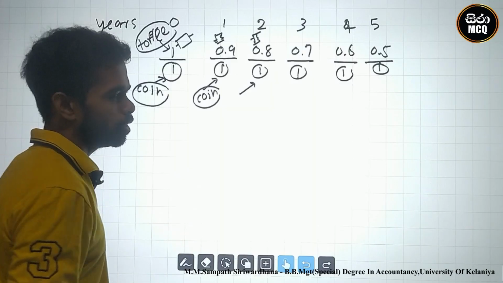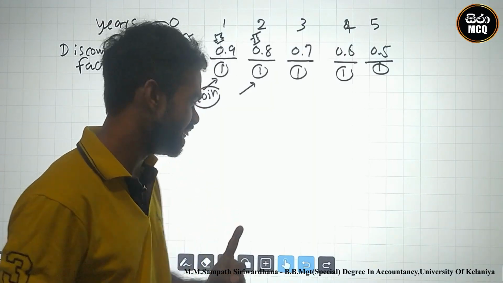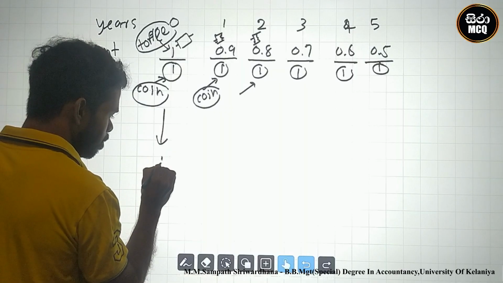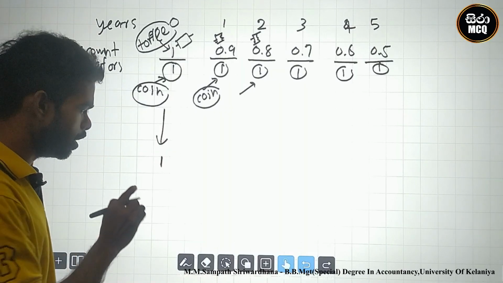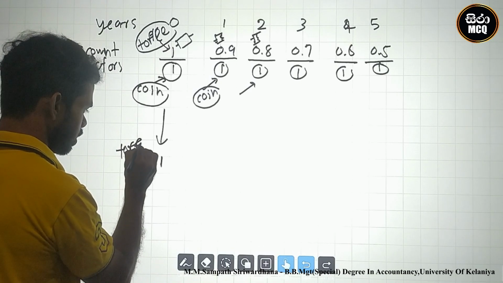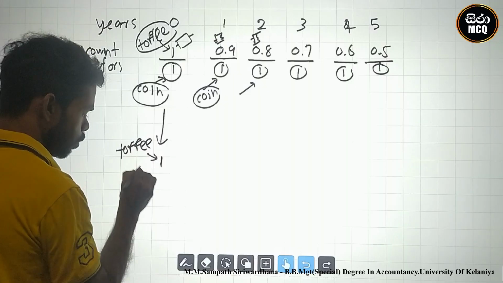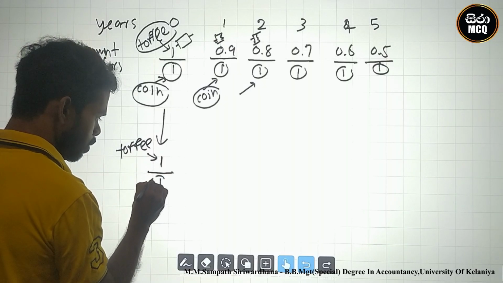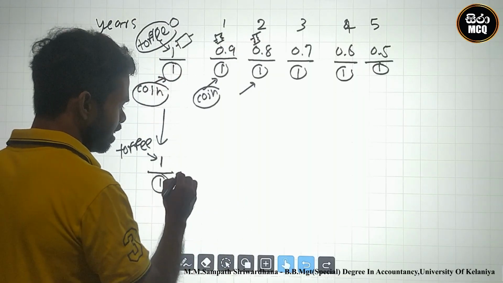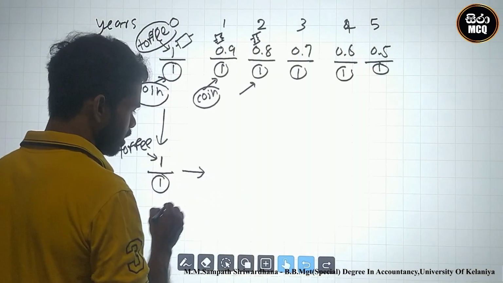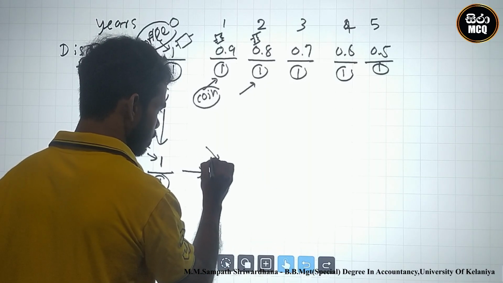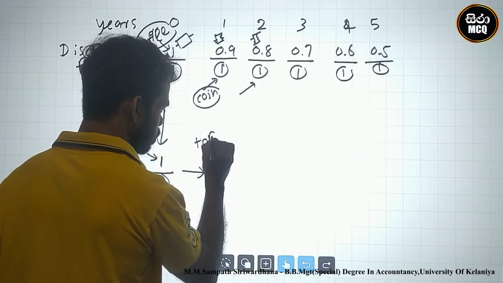You know, you want 1 toffee. In the first year, you give 1 rupee and get 1 toffee.